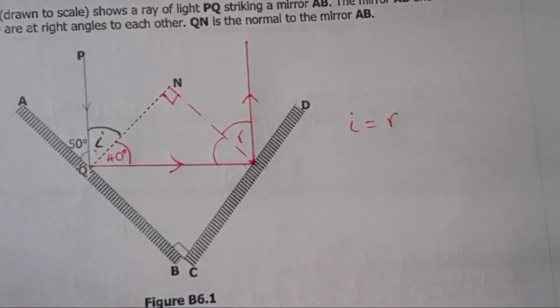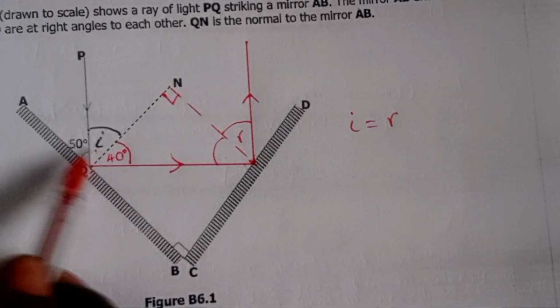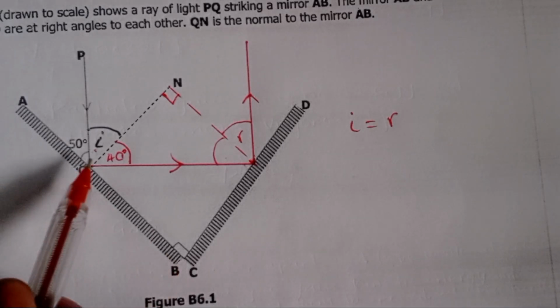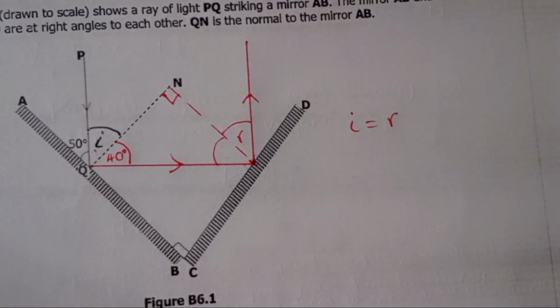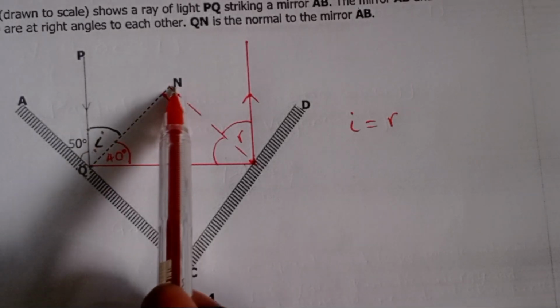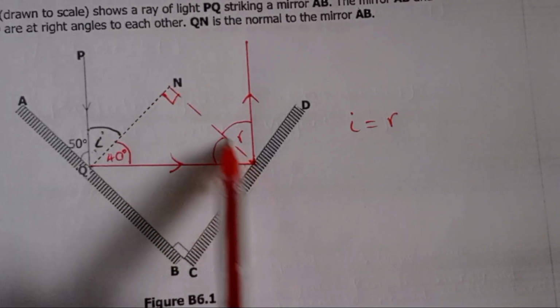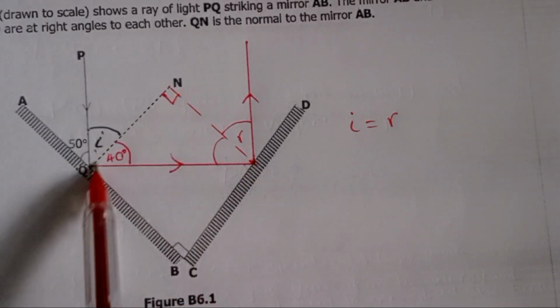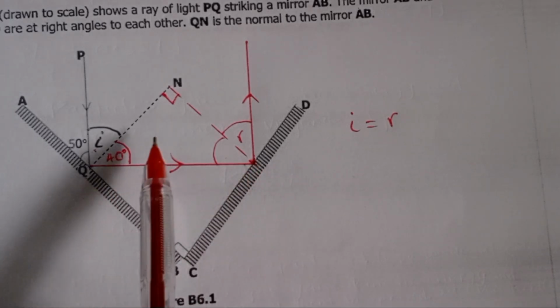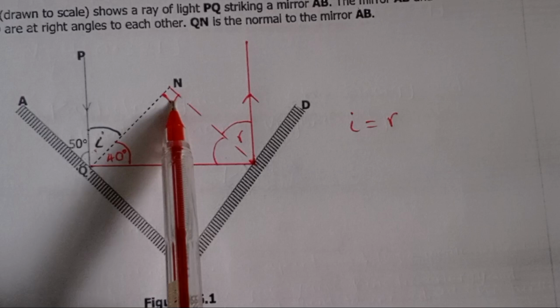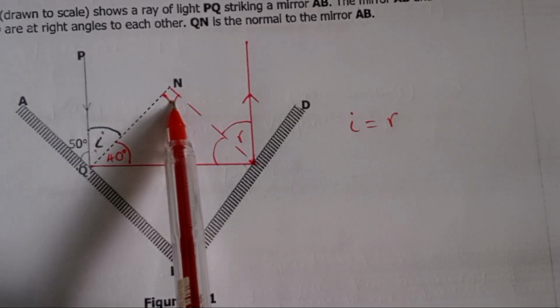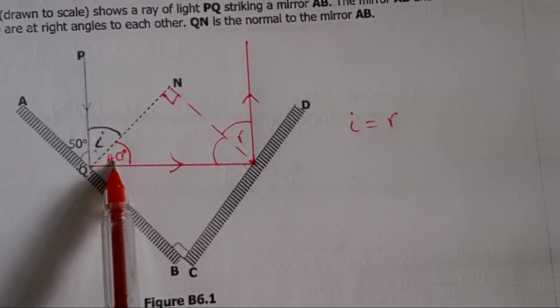Why? The angle of incidence on AB is equal to the angle of refraction on AB. So remember that this is a right-angled triangle. So if this is 40, then we'll say 180 minus 90, we are going to remain with 90. 90 minus 40.